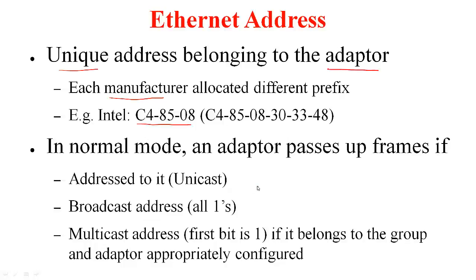This in hexadecimal will turn out to be all FFs. It will also accept a frame with a multicast address if it belongs to the group. In multicast address, the first bit is always 1. And you have to configure your adapter to accept frames corresponding to this multicast address. So that's more or less what is to know about the Ethernet technology.